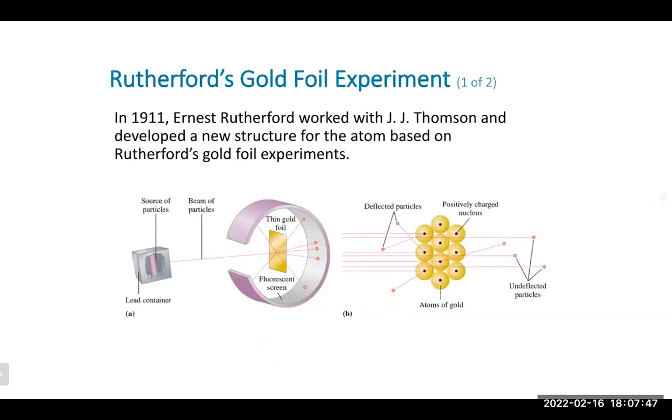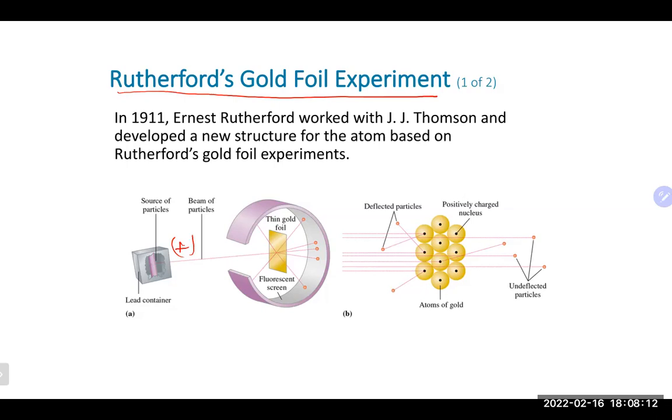As we talked about, that was the accepted model of the atom until the next major event, which was Rutherford's gold foil experiment. As we talked about last time, what they basically did is they shot alpha particles, which are positively charged particles, at pieces of gold foil. Remember that things that have the same charge repel each other, and things that have opposite charges are attracted to each other.